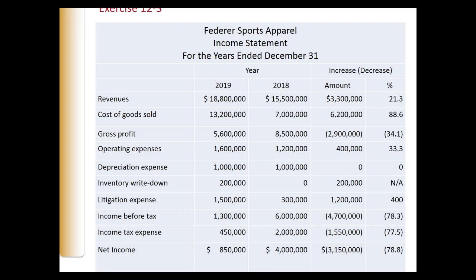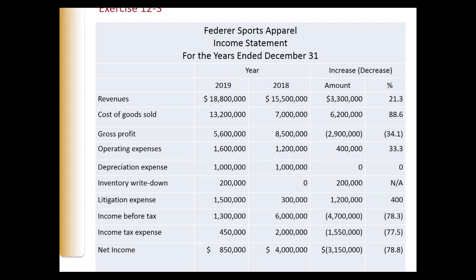So as you see here, we will take the 2019 figures, subtract the 2018 to come up with a positive number, meaning that 2019 increased over 2018, or if it's a negative number, there was a decrease.